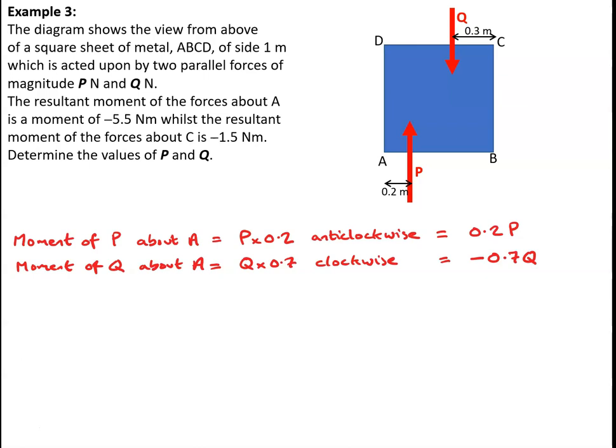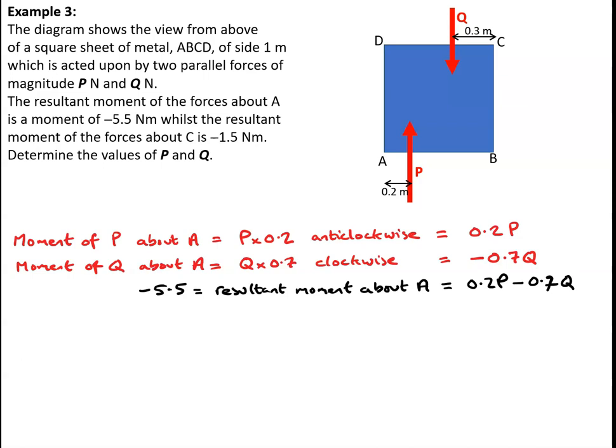I know the resultant moment of the forces about A is minus 5.5 Newton meters, so that gives me minus 5.5 equals 0.2P plus minus 0.7Q. In other words, minus 5.5 equals 0.2P minus 0.7Q.